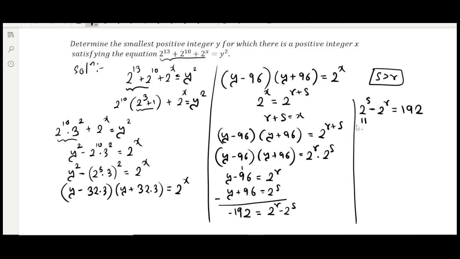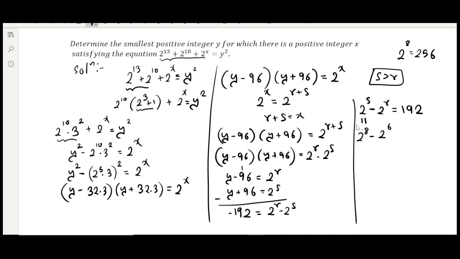So 2 raised to power 6 is 64, 2 raised to power 7 is 128, and 2 raised to power 8 is 256. If it is 2 raised to power 8, then if you subtract 192, 256 minus 192, what will you get? 64, right? This should be 2 raised to power 6.